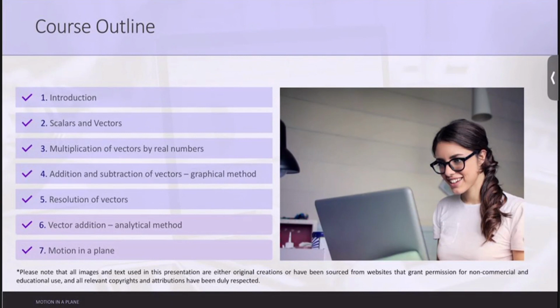Moving on, we understood the resolution of vectors, in which any vector a can be resolved into two different vectors in the same plane by multiplying them by suitable factors, let's say lambda and mu. This is also a vector, this is also a vector, and this is also a vector, right?